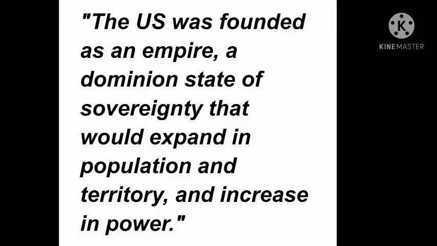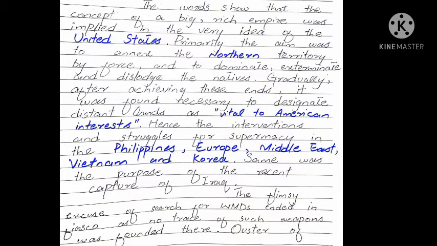The second point is that the US was founded as an empire, a dominion state of sovereignty that would expand in population and territory and increase in power. The verse shows that the concept of a big, rich empire was implied in the very idea of the United States.